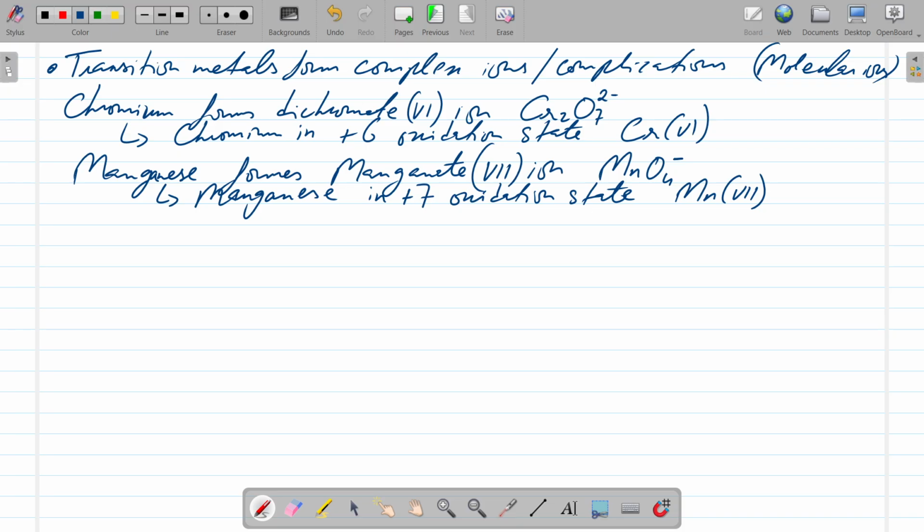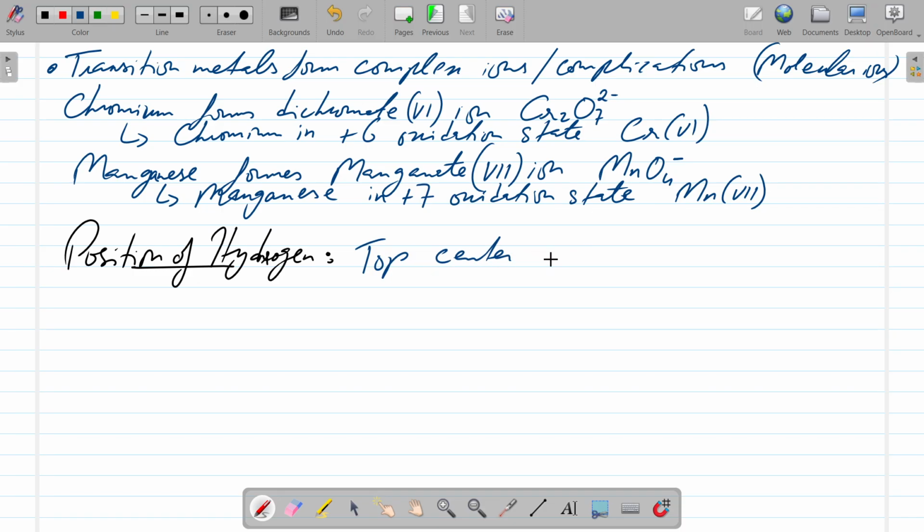And the final topic is the position of hydrogen on the periodic table. You've noticed hydrogen is placed at the top and somewhere floating in the middle, apart from the other elements. It's not in group 1, it's not in group 7.